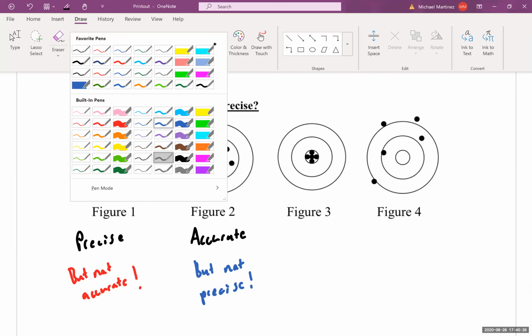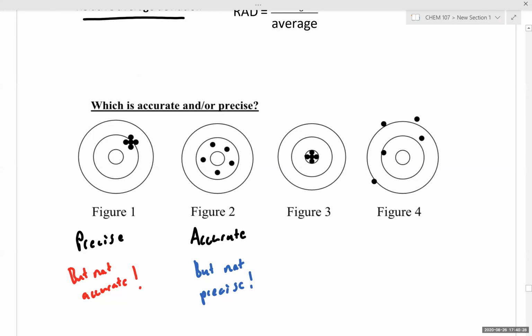Now, ideally, your measured value should look more like figure 3, where we are accurate and precise. Our values match the literature value very closely, and our data points are closely clustered together.